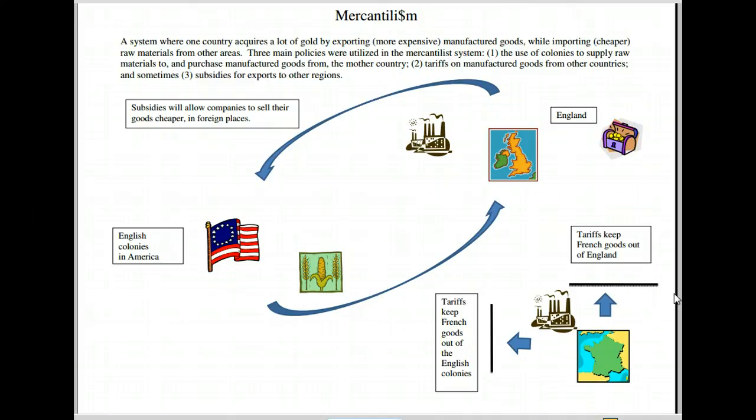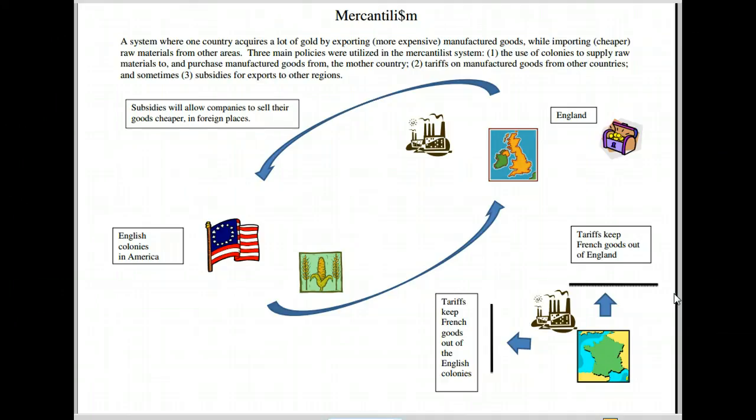Now, tariffs serve 2 functions. 1, they can raise the price of the imported goods so much that the consumer decides to buy a domestically produced good made in England instead. Or, even if the English consumer decides to buy the French product anyways, that tariff will still take money and send it to the English government.